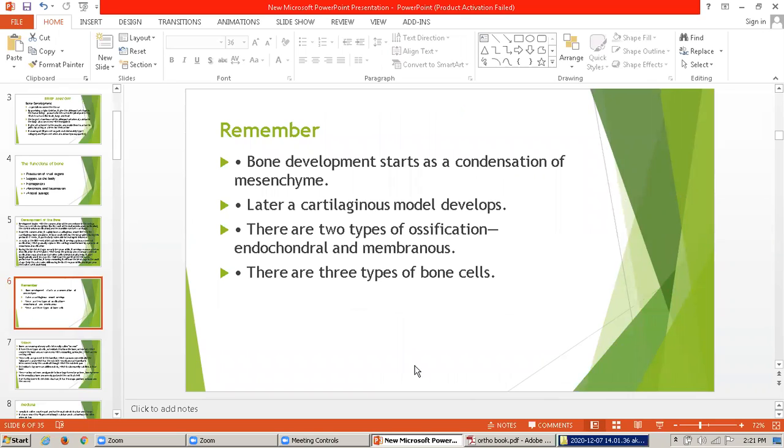Remember that bone development starts as a condensation of the mesenchyme, and later a cartilaginous model is built.